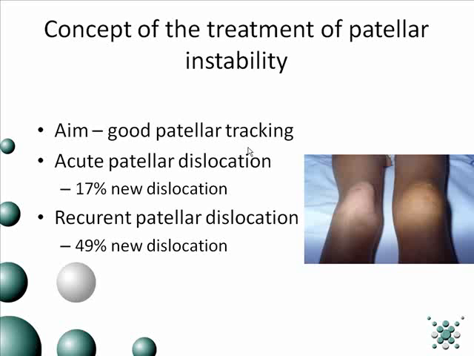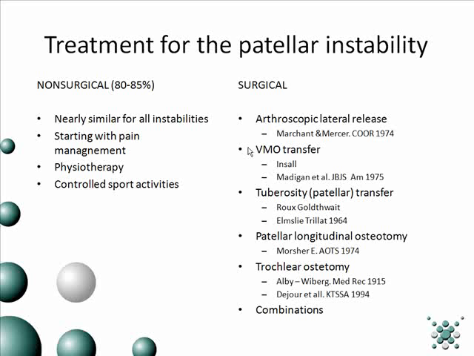What is the concept of treatment of patellar instability? Of course, good patellar tracking, because after acute patellar dislocation, we can receive 70% new dislocations, after recurrent up to 49%. Treatment for patellar instability could be conservative or surgical.